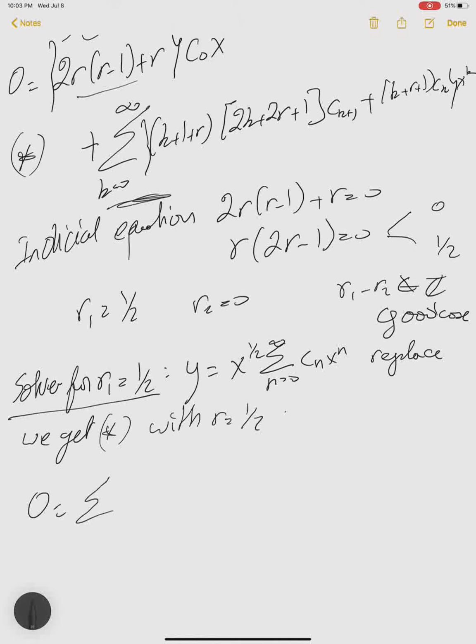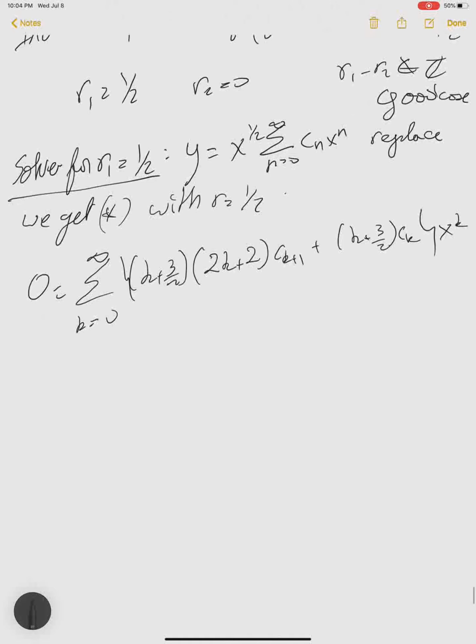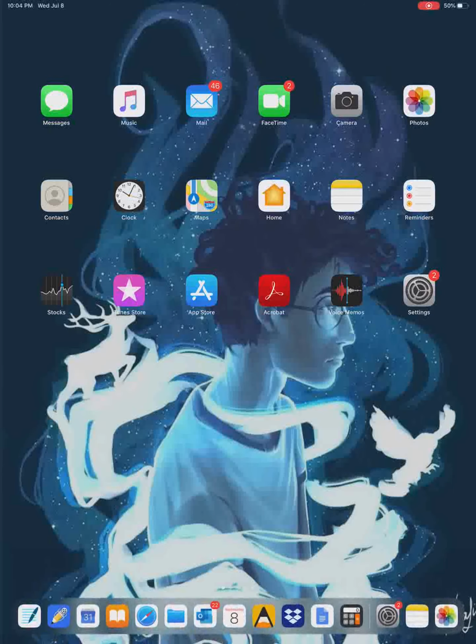So equals summation from k equals 0 to infinity. Now take r equal to half, you get k plus 3 half. Take r equal to half here, you get 2k plus 2. c_{k+1} plus k plus 3 half c_k, x power k.